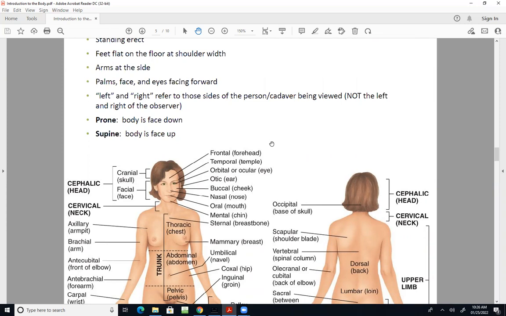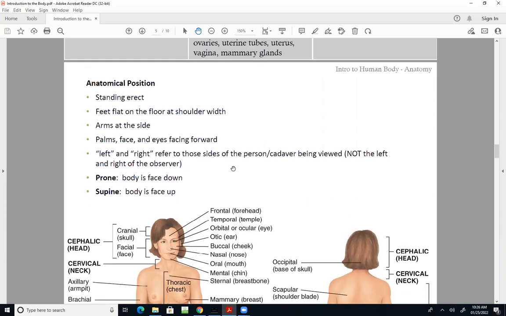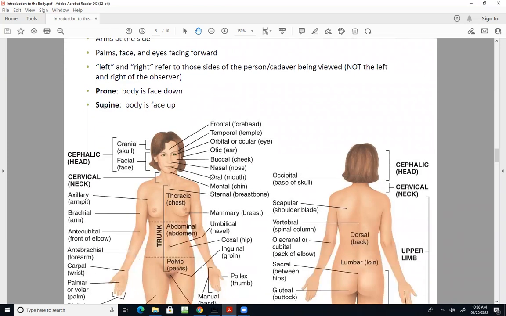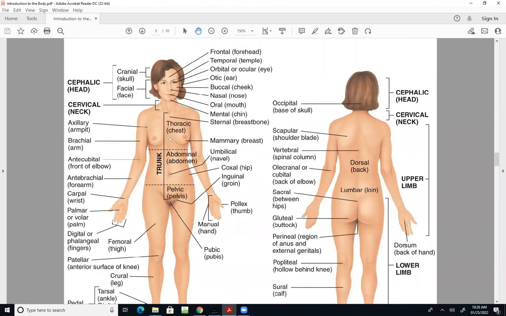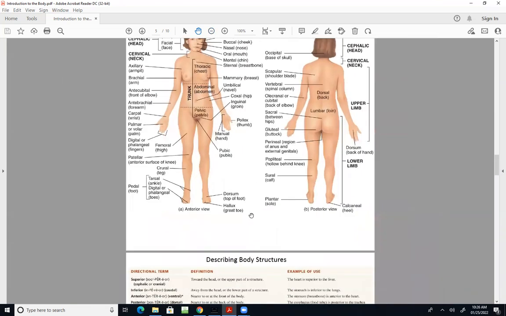So you need a baseline or a starting point, and that's what anatomical position is. If we have this lady and we pretend that she's in a standing position, she's demonstrating here on the left side perfect anatomical position.